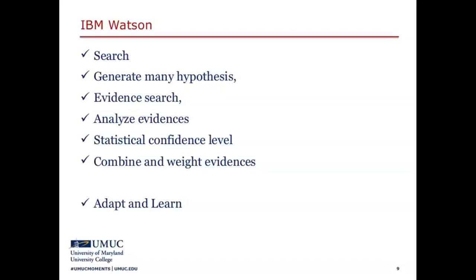This is the future. When we talk about adapt and learn, here is something very interesting. IBM built the Watson cognitive computer for one specific application, the Jeopardy game, in which there are certain rules and the player has to answer in 3 seconds, and to win the game, he must answer around 85% of the questions correctly.